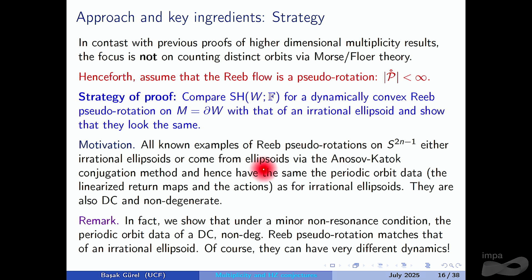We know that all known Reeb pseudo-rotations are either irrational ellipsoids or come from them via the conjugation method, and they are all dynamically convex and non-degenerate. These are all the pseudo-rotations we know. So the idea is to compare a general dynamically convex Reeb pseudo-rotation on the standard sphere with the symplectic homology persistence module of the irrational ellipsoid, and show that they look basically the same.